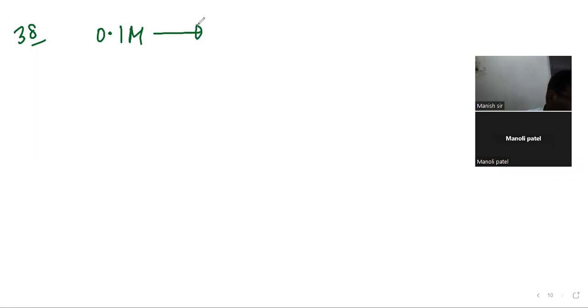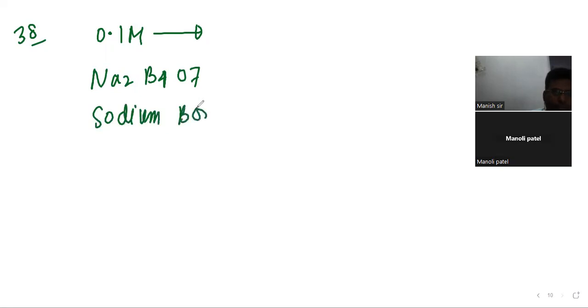So C. First, sodium borate is given. So the formula will be Na2B4O7. This is sodium borate.